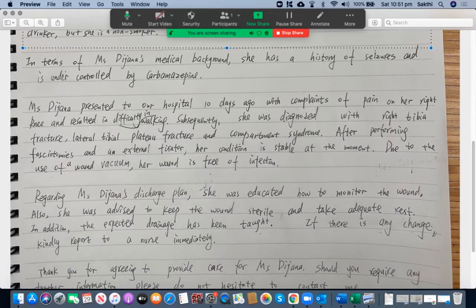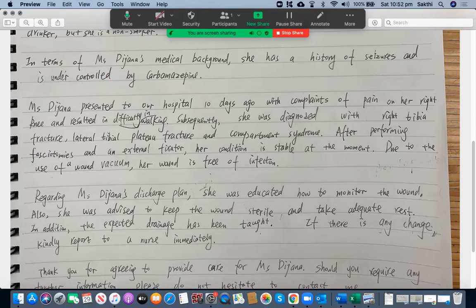In terms of Miss Dijana's medical background, she has a history of seizures and is under controlled by. Okay, so instead of writing seizures and is controlled by, you could have mentioned and it is controlled by, and whatever the medicine, you can write it down. Otherwise, you could have mentioned she has a history of seizures, which is controlled by. So instead of writing under controlled, you should have written which is under control by.